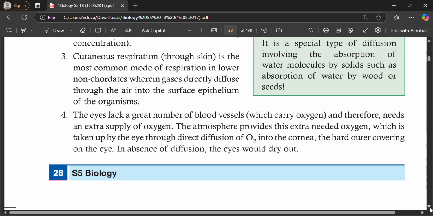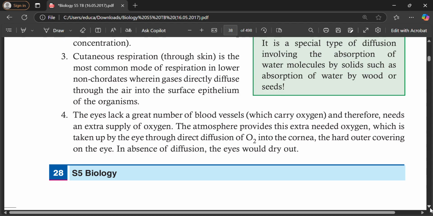So the eyes lack a great number of blood vessels which carry oxygen, therefore they need an extra supply of oxygen. The atmosphere provides this extra needed oxygen, which is taken up by the eye through direct diffusion of oxygen in the cornea, the hard outer covering of the eye also. Mu busanzwe mu jisho harimo imitsi mikeya izamura amaraso ku buryo nyine hashobora kuboneka oxygen ihagije.